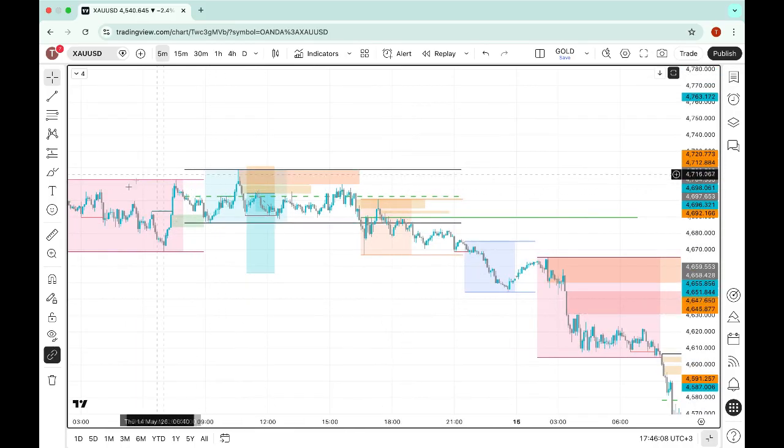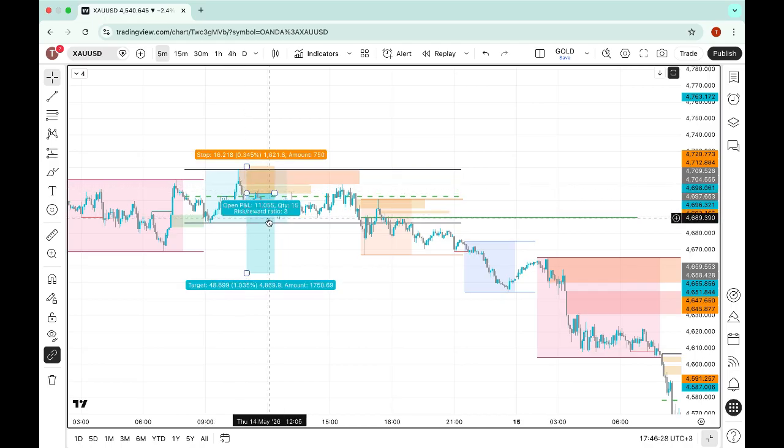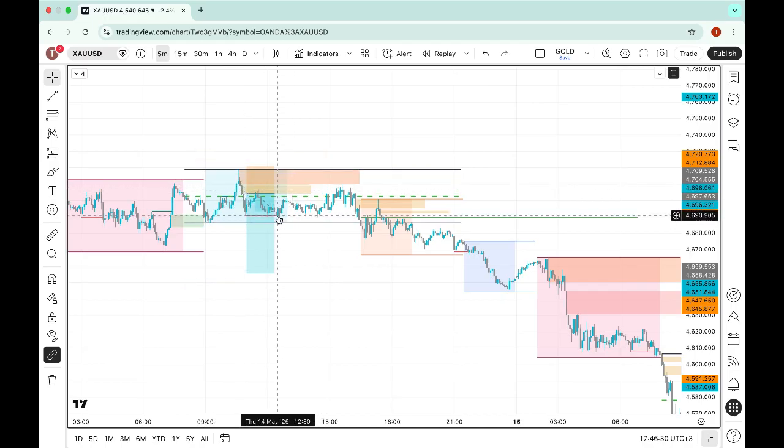So you first mark your liquidity zone like this, then you wait for price to take either side, and then wait for a momentum move to the downside. If price was buying and you want to take a reversal, you wait for a fair value gap to be formed. You can also wait for a change of character before entering, and then you can enter on the pullback. That's just it. So don't complicate things.